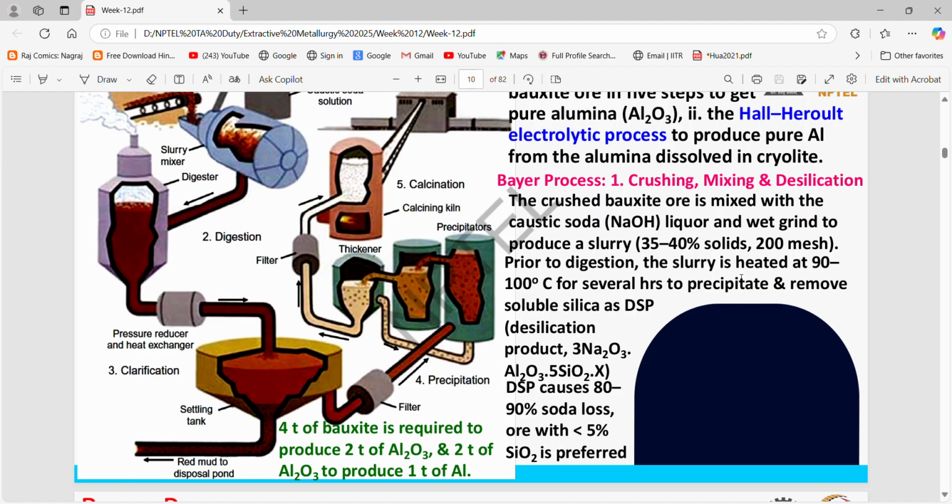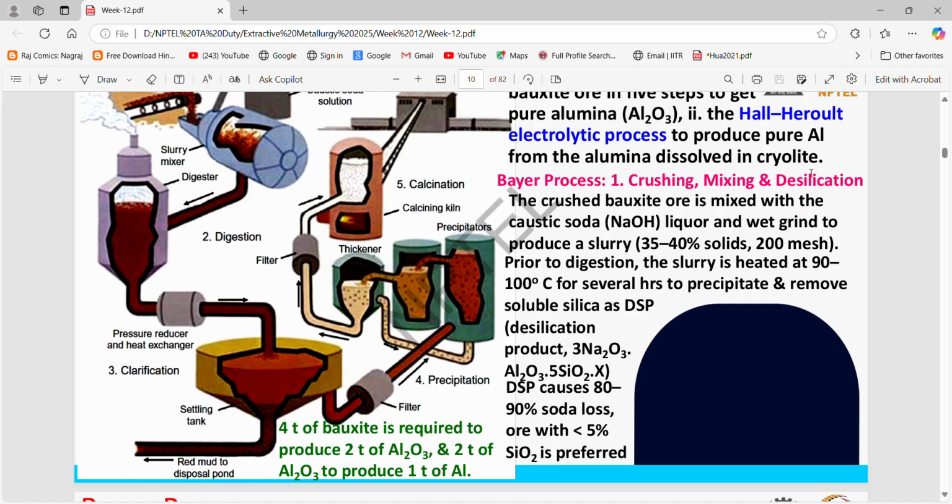The reactive silica will react with this NaOH solution to form sodium silicate, or we can say it goes into the ionic form. Removal of this silica from the solution is necessary before going for the precipitation step or the digestion process of the Bayer's process.